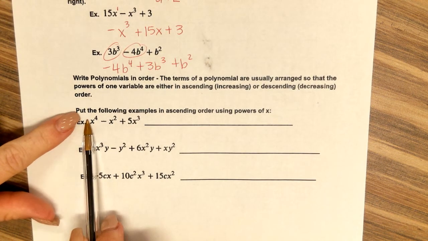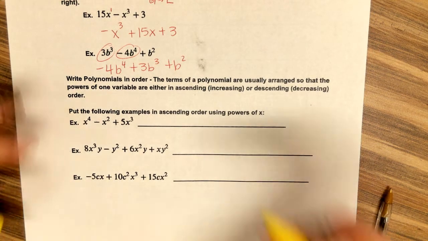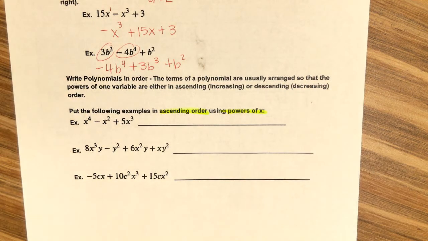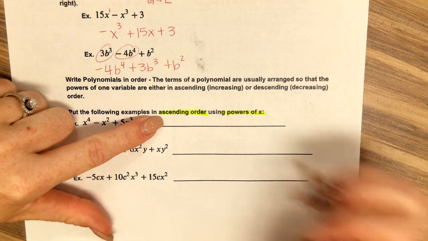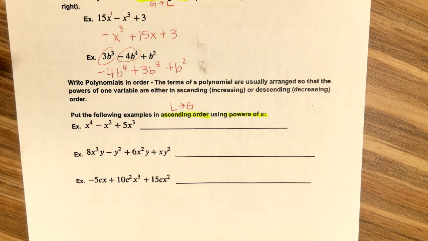This one wants us to put the following examples in ascending order, and they only want us to use the powers of what? What does that mean? Only look at the exponents for the x. All the other ones don't matter, okay? What is ascending? Least to greatest. Y'all might want to write that down because you need to know that for your assignment.